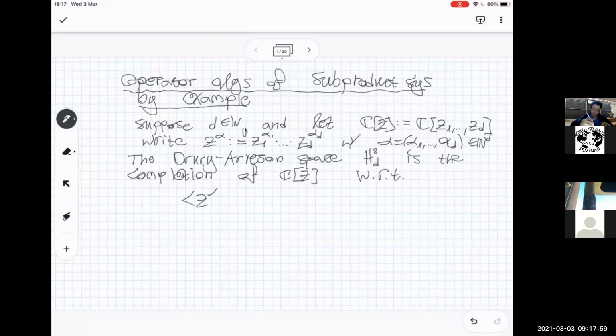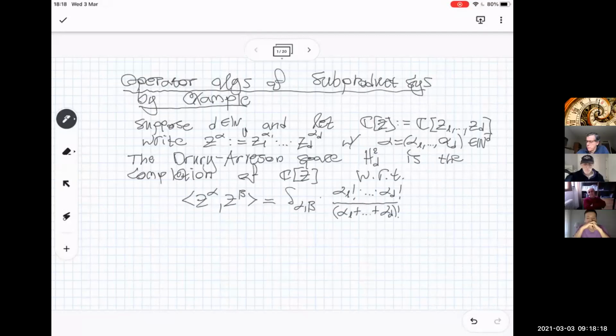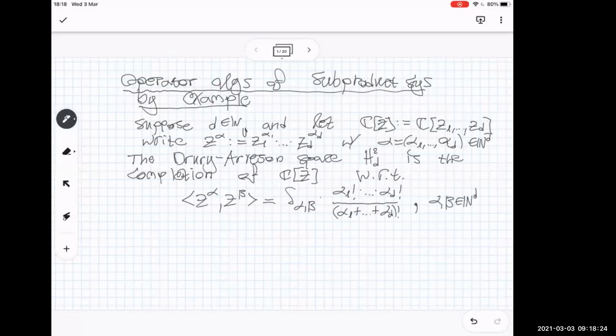It's going to be <z^alpha, z^beta> equals delta_{alpha,beta} times the following weight. Okay, and this is for alpha and beta in N^d.